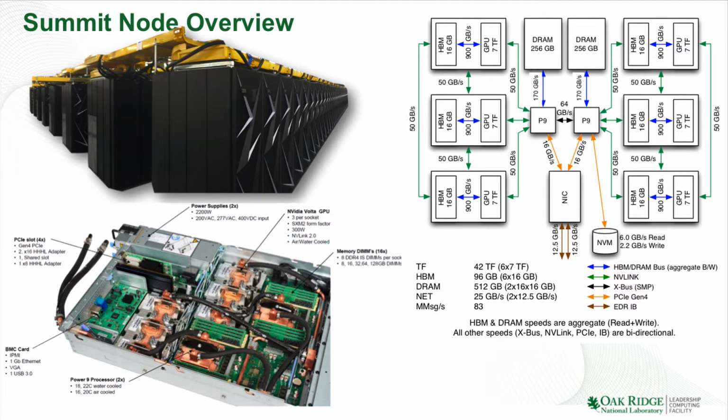This is NVLink, if you're familiar with that terminology. Each GPU has 16 gigabytes of high bandwidth memory sitting off of it that operates at 900 gigabytes per second. In terms of the network connection into other nodes, there's 25 gigabytes per second into other nodes, and then here's this NVRAM sitting off of one of the P9s.